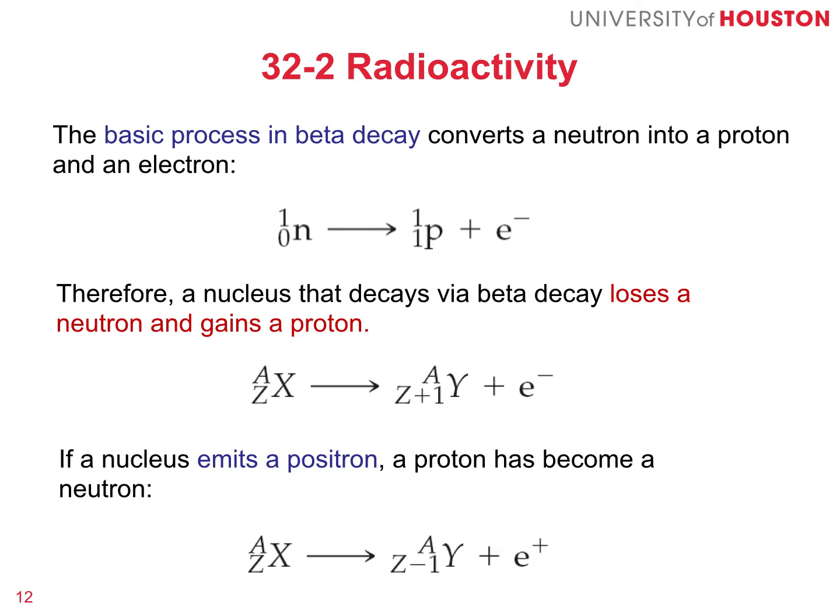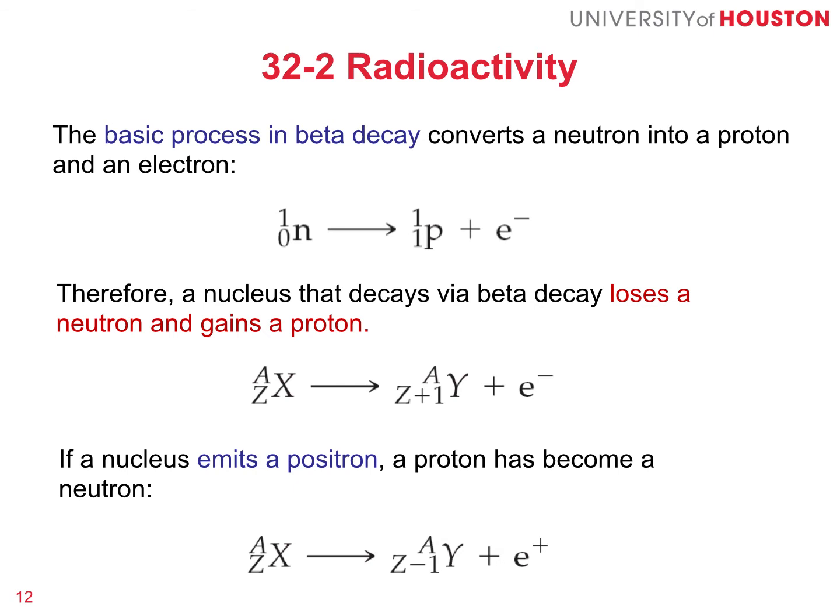When this happens in a nucleus, what we find for an electron emission is, because a neutron turns into a proton, we gain an extra proton, and that increases the atomic number. However, the mass number stays the same because the number of protons and neutrons is still the same.